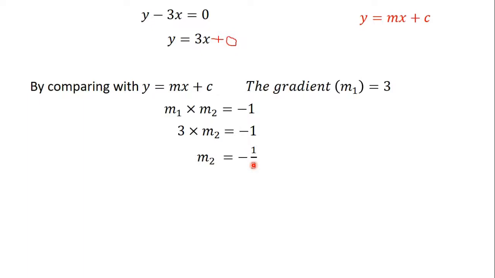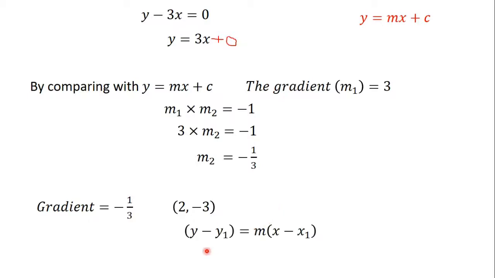So we now have the gradient of the line to be minus 1 divided by 3, and we are told that the line passes through the point (2, -3). So with the gradient and the point, we can find the equation of the line. We are going to use the formula y minus y1 is equal to m into brackets x minus x1. y1 is minus 3, x1 is 2, m is minus 1 divided by 3.